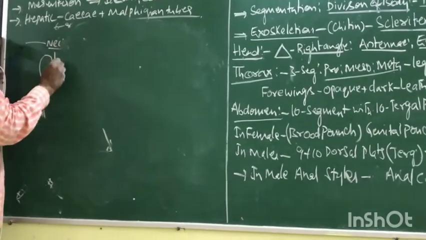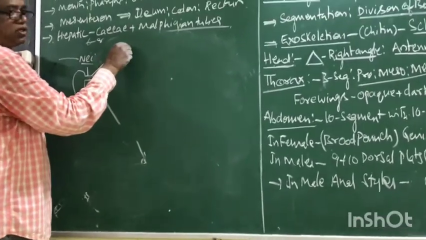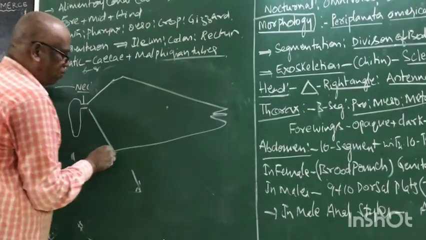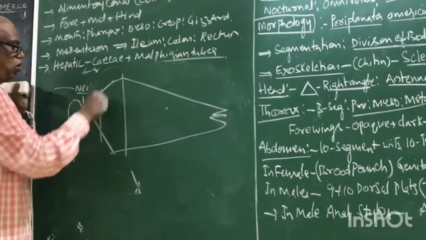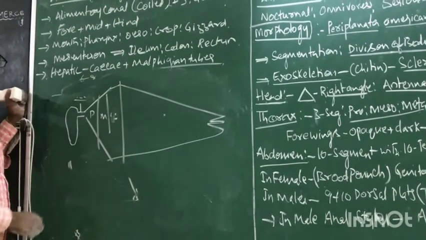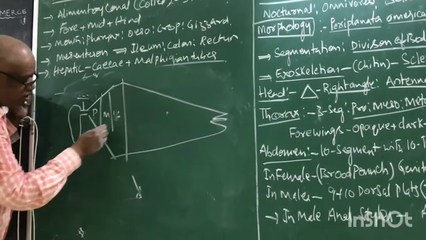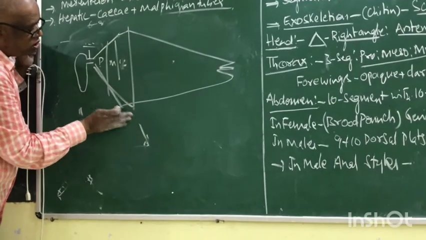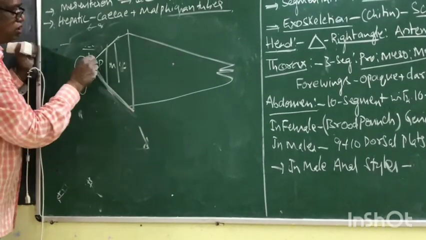Now see, what is this? Thorax. It is abdomen. Now prothoracic, mesothoracic, and metathoracic. Now this is the thorax. Is this ventral or dorsal? Ventral. It is dorsal.